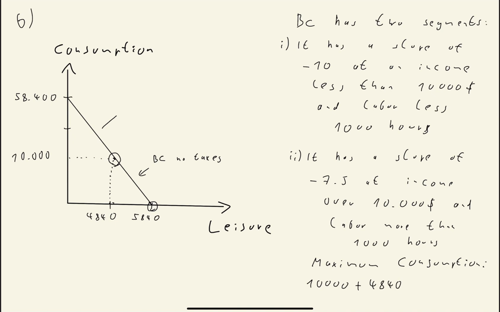For the next 4,840 hours at which we can work, we earn $7.5 per hour. And the reason is simply because we pay taxes of 25%. And if we calculate this, we get $46,300.